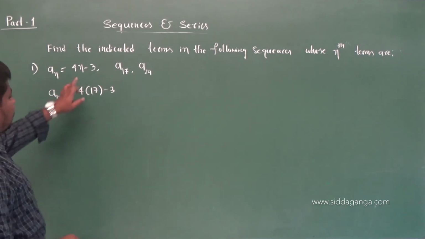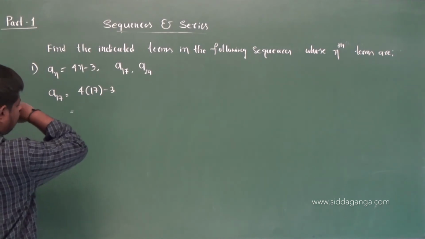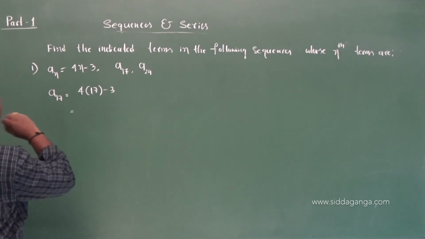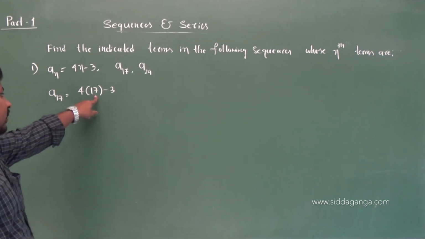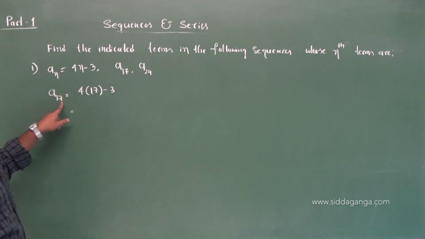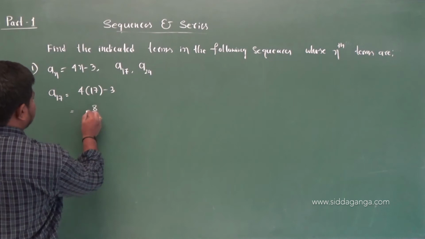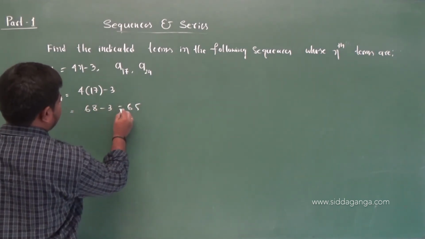I mean, in place of n, I just substituted 17. So you get 68 minus 3, that is what, 65.